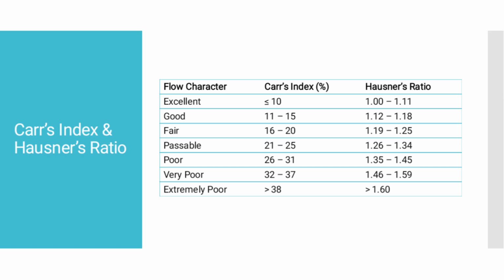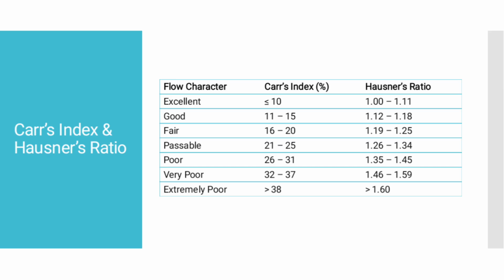For fair, Carr's index, that is 16 to 20, whereas Hausner's ratio 1.19 to 1.25. For passable, Carr's index has to be 21 to 25, whereas Hausner's ratio 1.26 to 1.34.